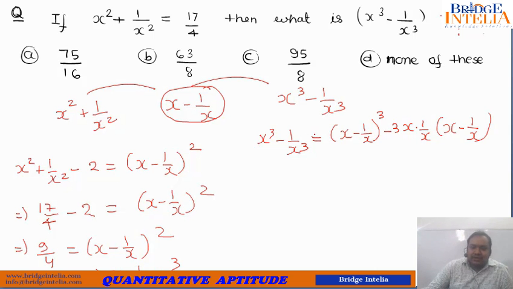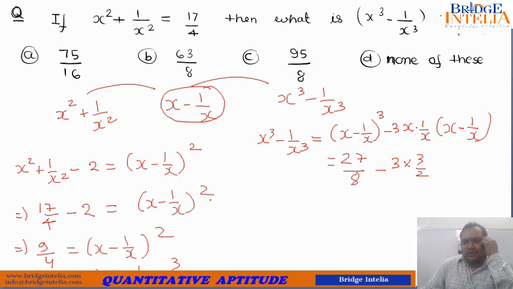So x - 1/x we have just found out to be 3/2. So (x - 1/x)³ is 27/8, plus 3 times, we have just found out x - 1/x is nothing but 3/2. So 3 into 3/2. So the ultimate answer is 27/8 plus.